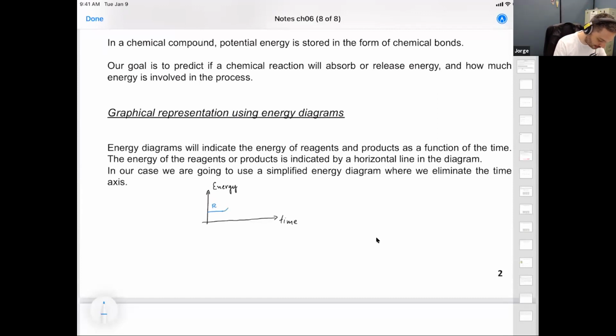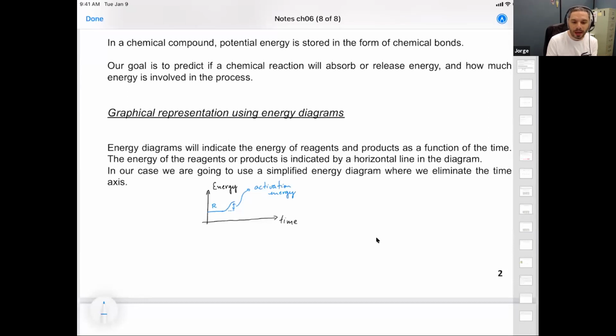So with that, the energy of the system goes up. The amount of energy provided to start the reaction, this is called activation energy.